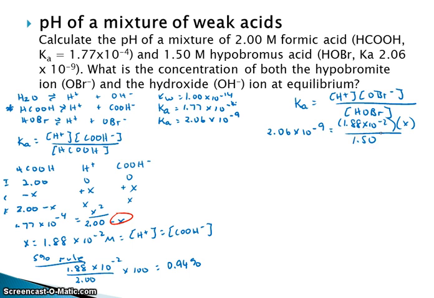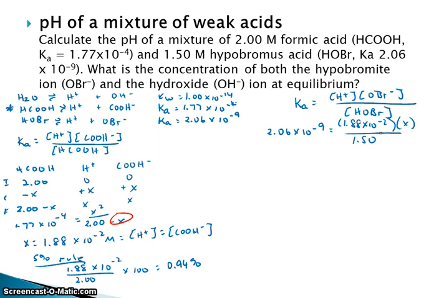And again, we are producing hydrogen ions from the water, and we're producing it from the formic acid, and we're producing it from the hypobromous acid. But based on the K values, almost all of it is coming from the formic acid. The hydrogen from the water and the hydrogen from the hypobromous acid are insignificant values.